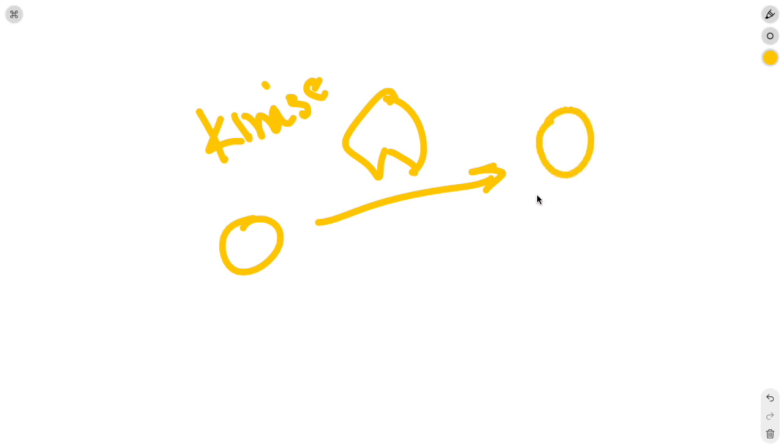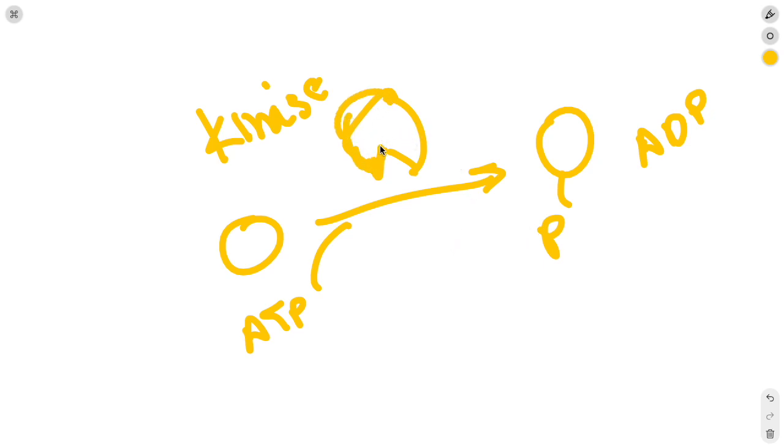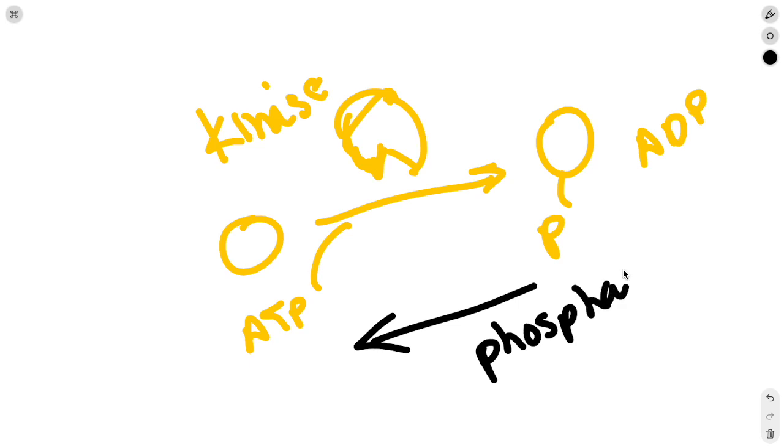A kinase is an enzyme that stimulates a chemical reaction where a target molecule gets phosphorylated using ATP. So the products are the phosphorylated product and ADP. And for every kinase, there are phosphatases that catalyze the reverse reaction, removing that phosphate.